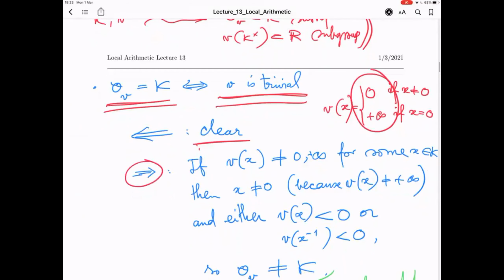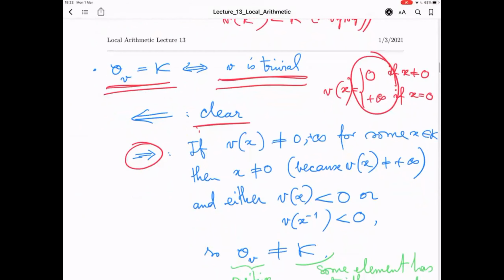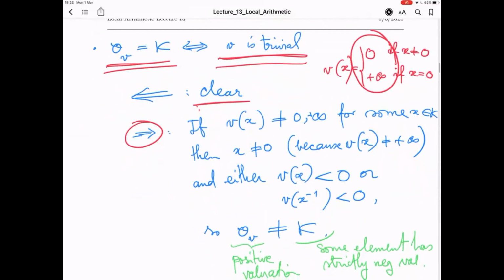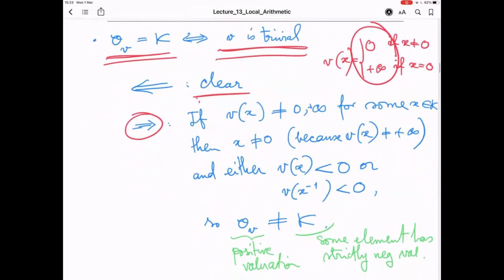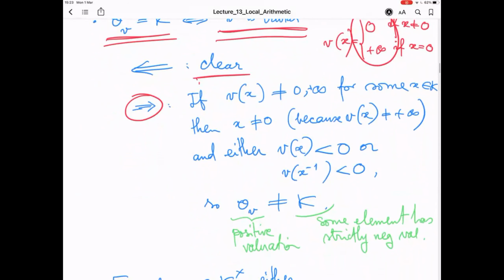Let's prove it in the other direction. Suppose that O V is equal to K, and we want to show that V is trivial. We'll prove it by contradiction, for which we suppose that there's some element x in K such that V of x is different from 0 and plus infinity. That's what it means for V to be non-trivial or essential.